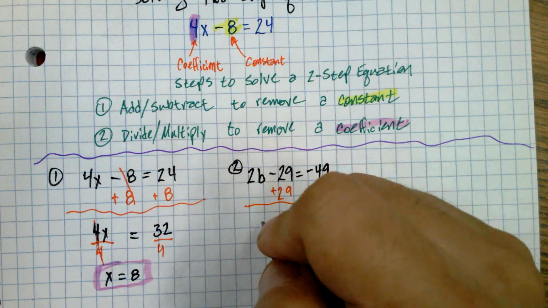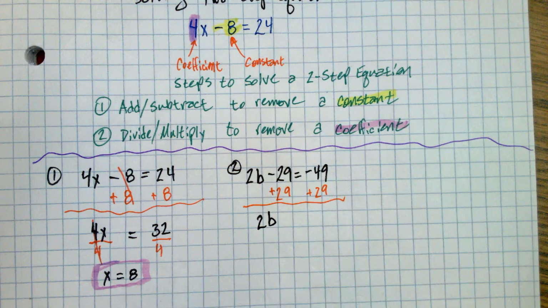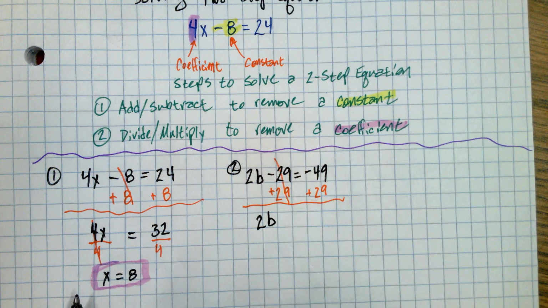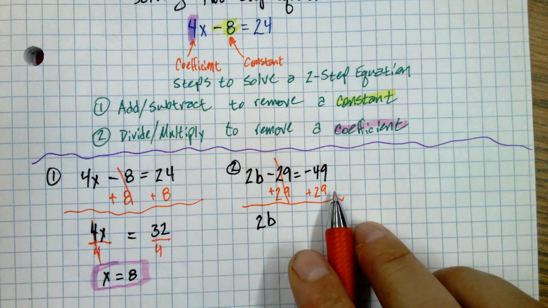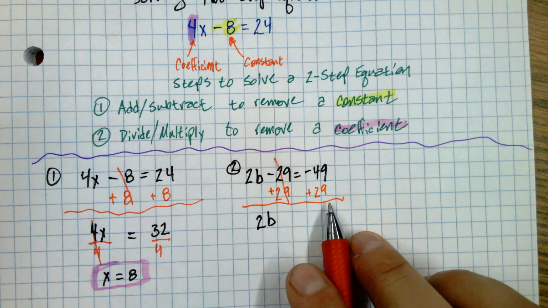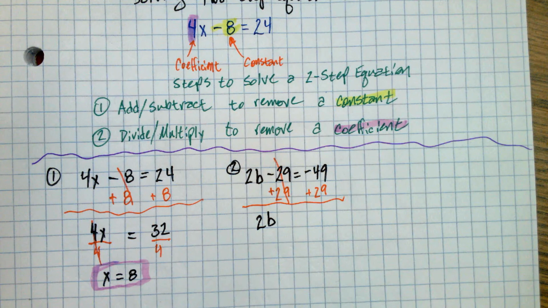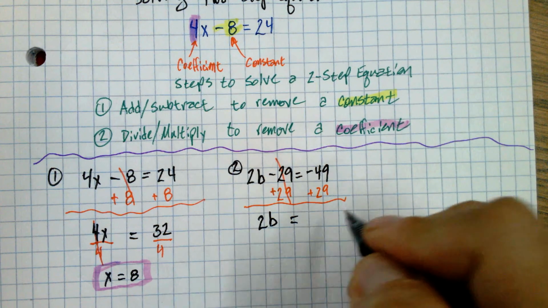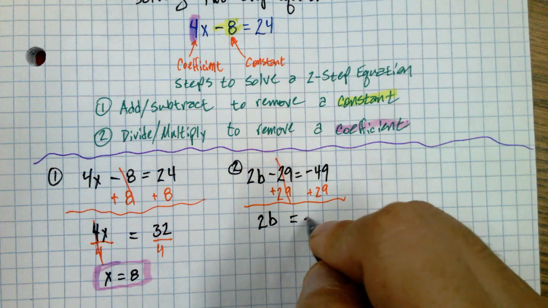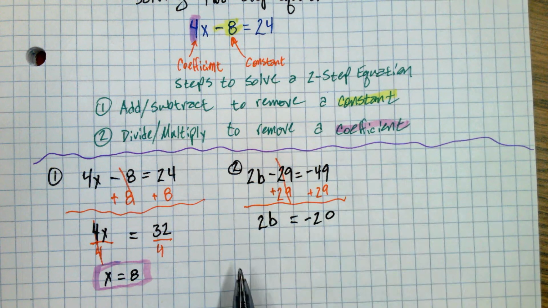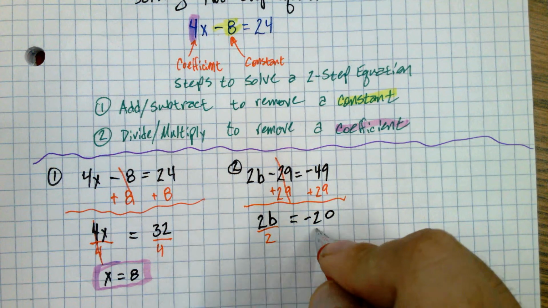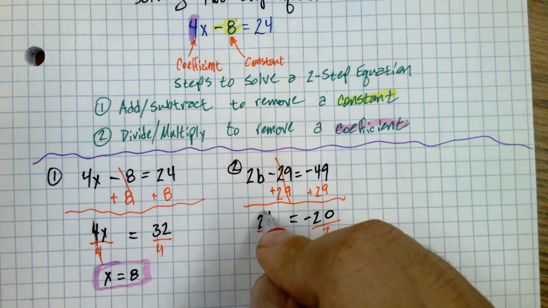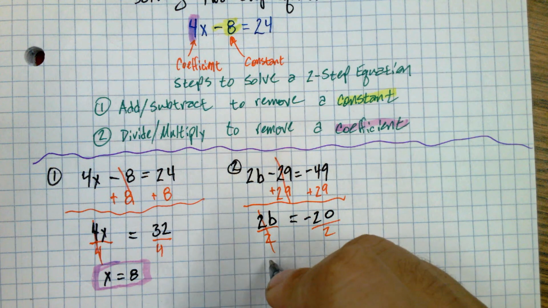So we're constantly just using the rules for integer addition. So here I have negative 49 plus positive 29. And that's going to give me what? Negative 20. So now let's all divide by 2. And the answer is negative 10.